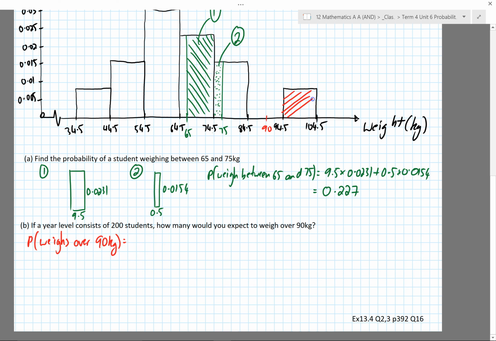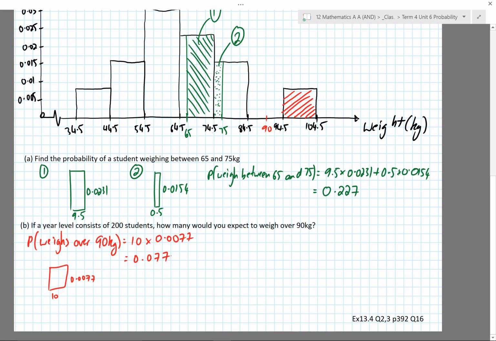So I'm really just finding the area of that shaded section. I'll draw it here. Its dimensions are a width of 10 and a height of 0.0077. All I need to do to find the probability is find the area of that rectangle.